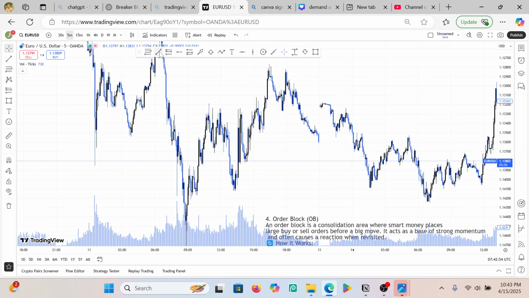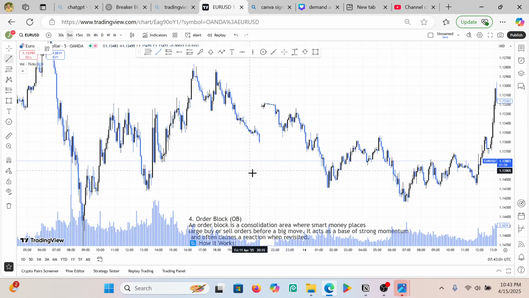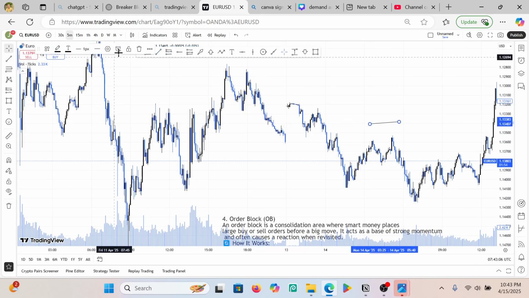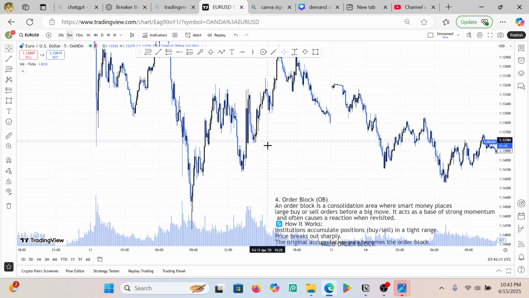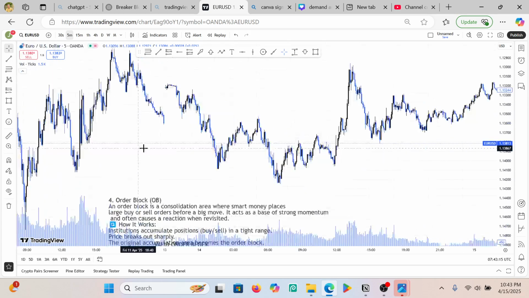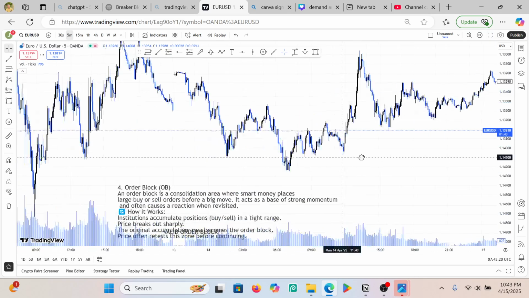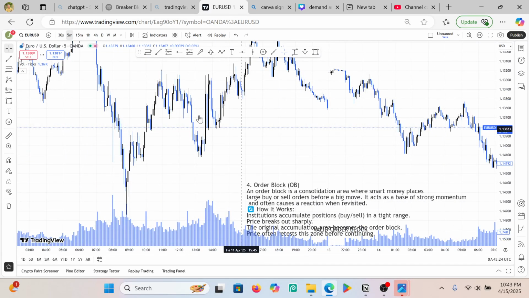There is a market structure shift. There's this example here.